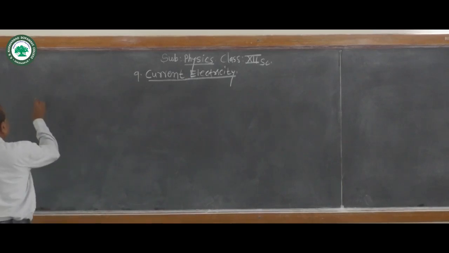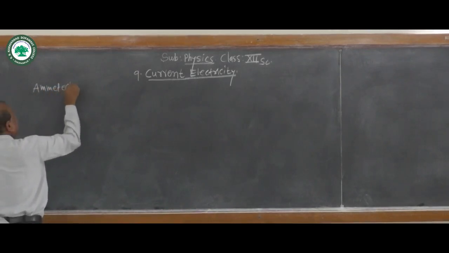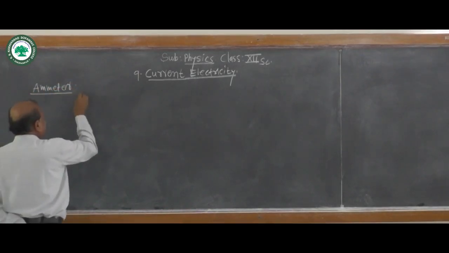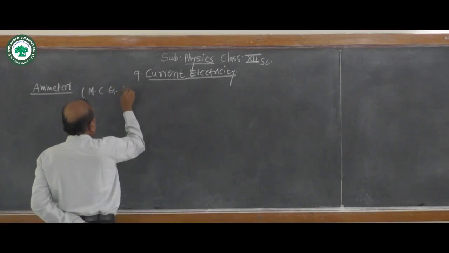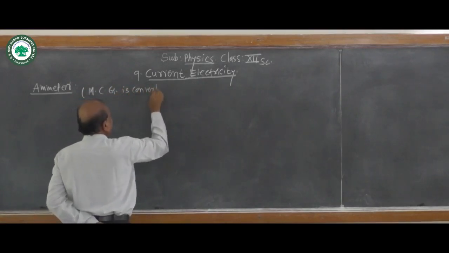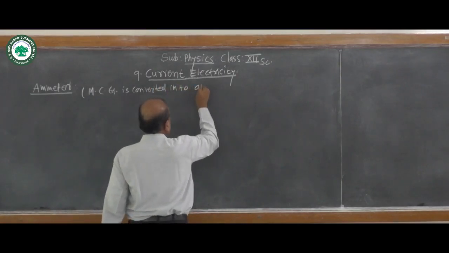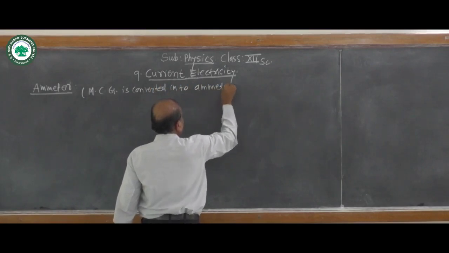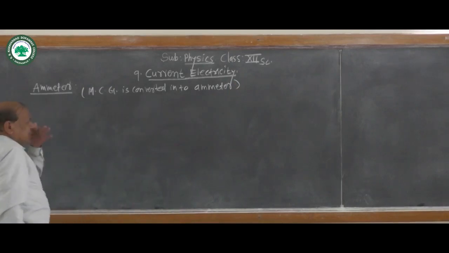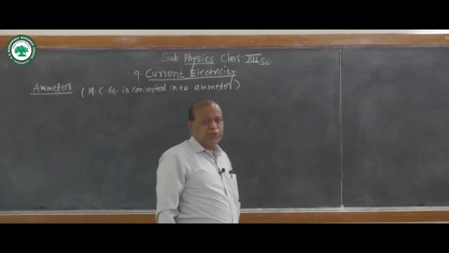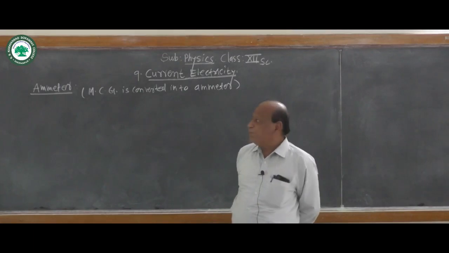So we have to see about that ammeter. Here this moving coil galvanometer is converted into an ammeter. This ammeter is used to measure the current flowing through the circuit.